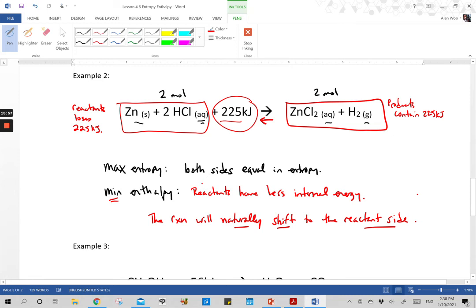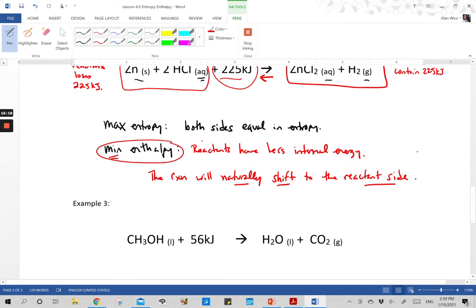And this is solely based on minimum enthalpy, because maximum entropy didn't favor either side in any way. Okay, they're both equally as random. So it was up to looking at minimum enthalpy to see which side the reaction will shift towards.